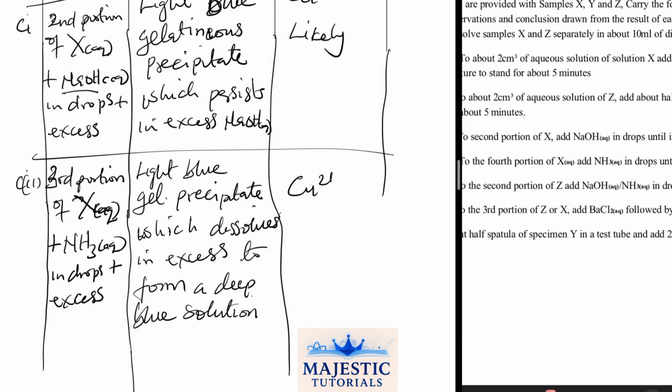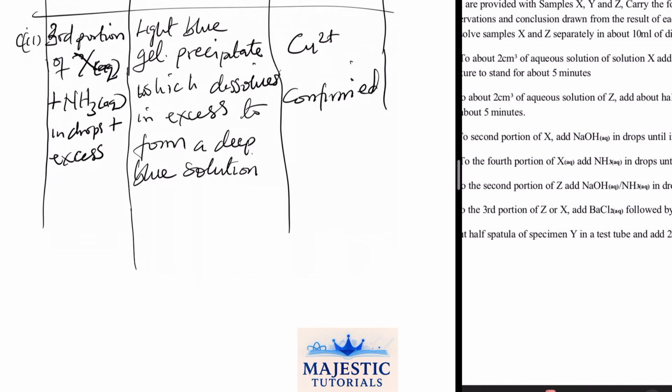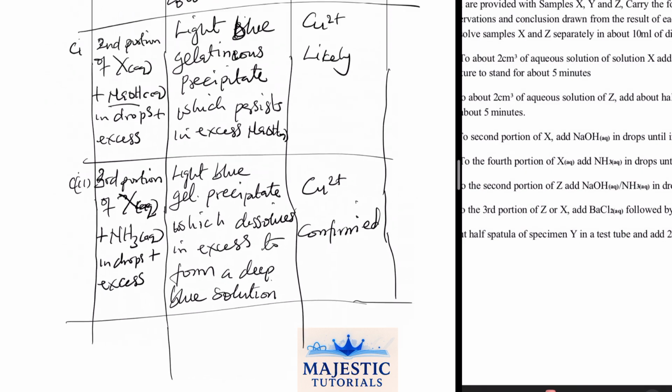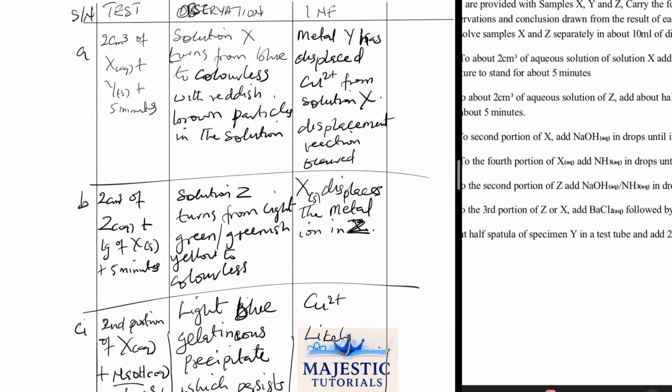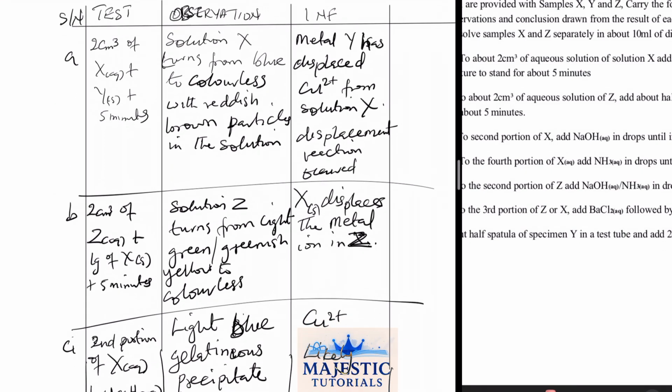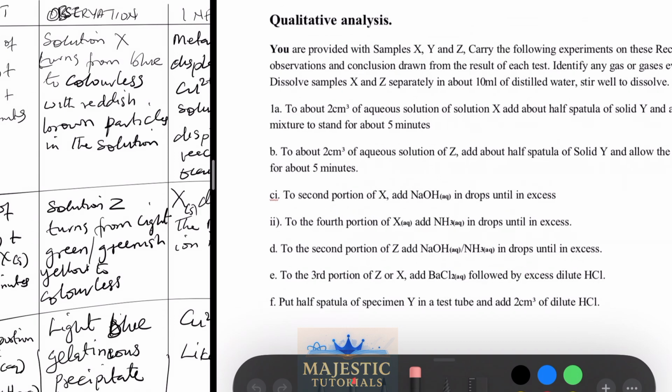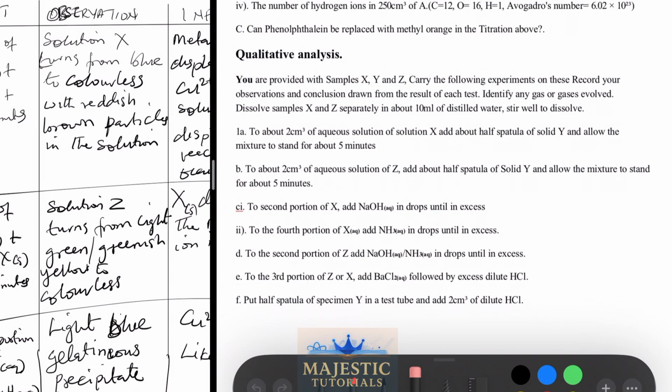Immediately you write copper 2 ion confirmed. You are no more suspecting it. So far this is the table we have filled with respect to this question.